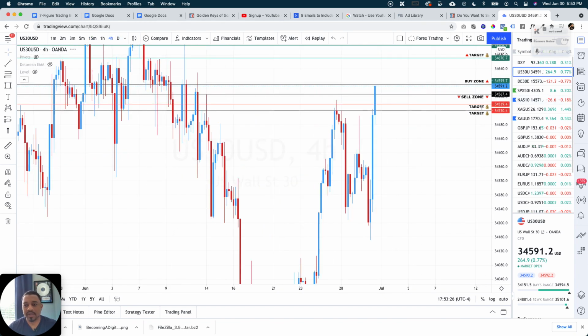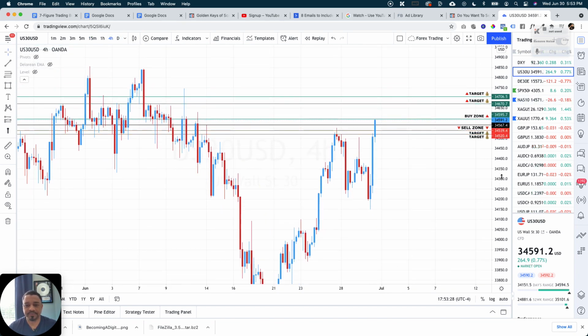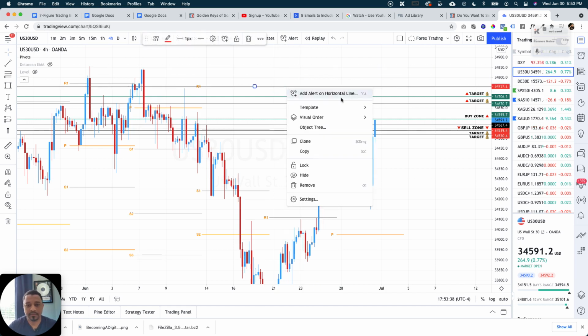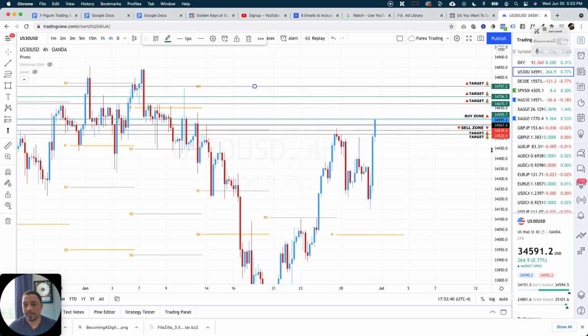If we look on the higher time frame, using our pivots, then the targets are here. So I actually like this.